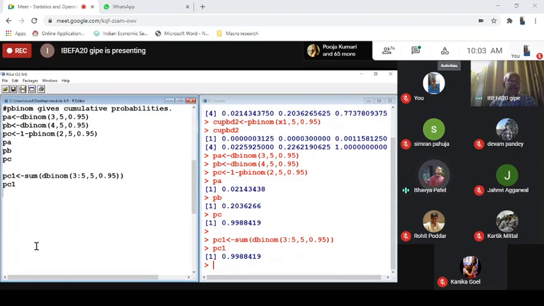Another way of finding the probability for 3, 4, 5 addition. Okay. So let us see the next question.